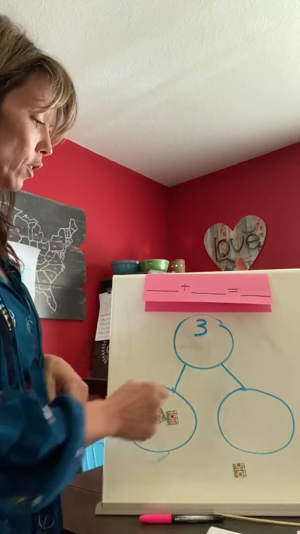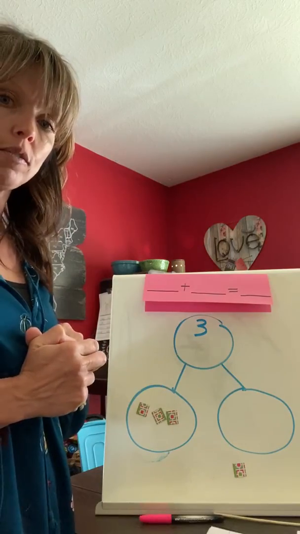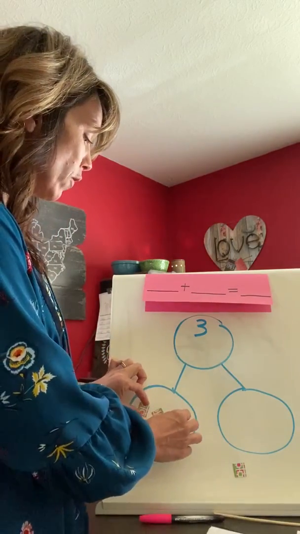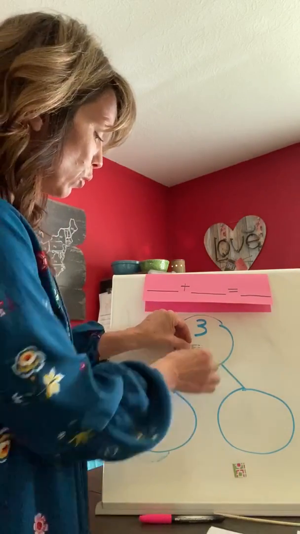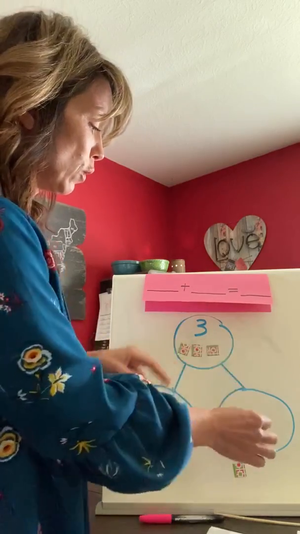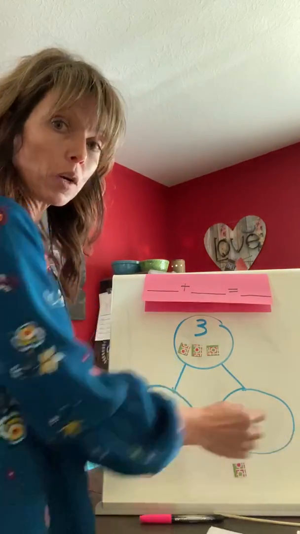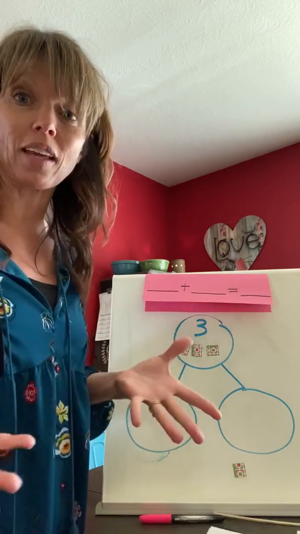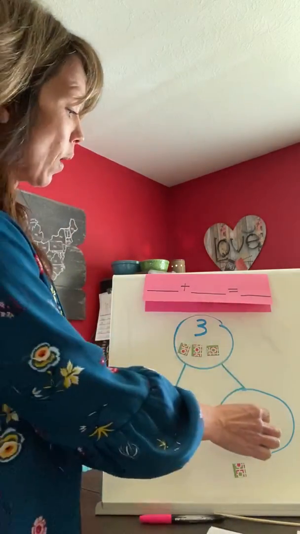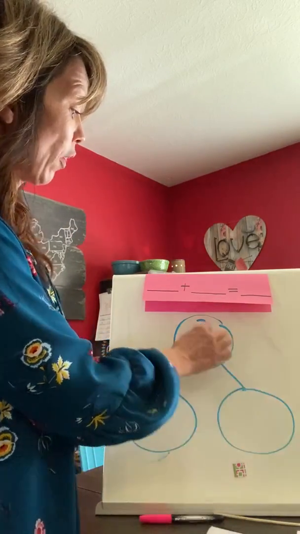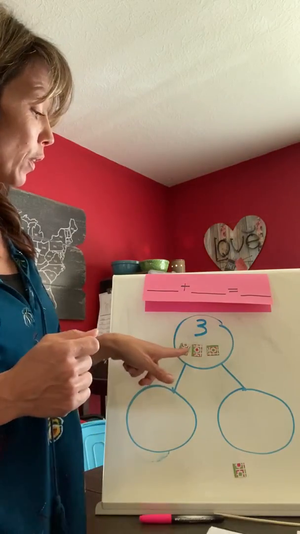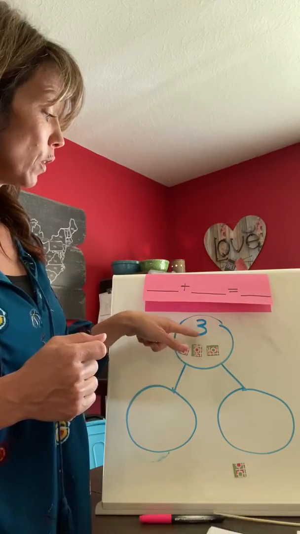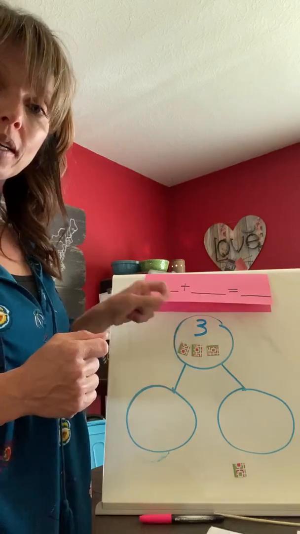So put 3 in one circle and 0 in the other circle. And let's move them along. And then we have nothing to bring up from here because 0 equals nothing. 0 is nothing. So I'm going to bring nothing up here. So now I have 3 plus 0 equals 3.